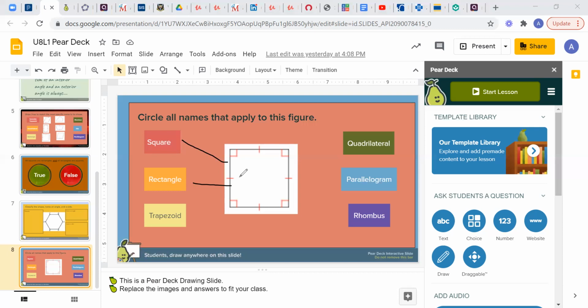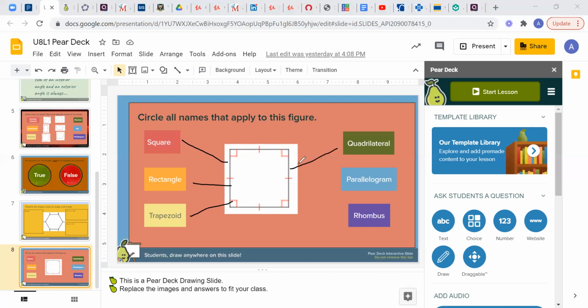A trapezoid is a figure where at least 2 opposite sides are parallel, okay? Since 2 opposite sides are parallel here, this is a trapezoid. A quadrilateral is what? A 4-sided figure. Since this figure is 4-sided, it's also a quadrilateral.